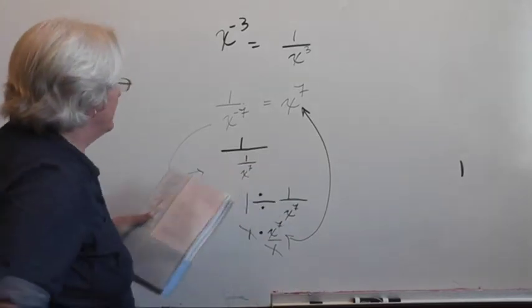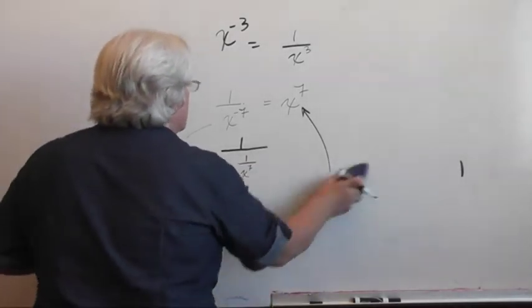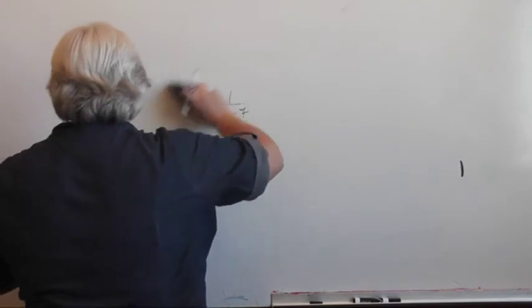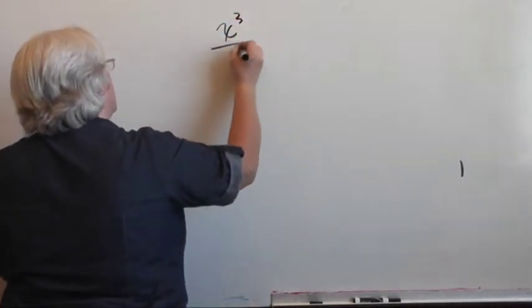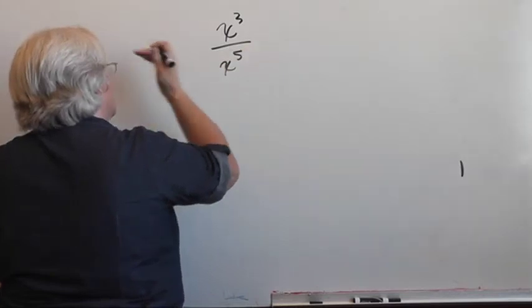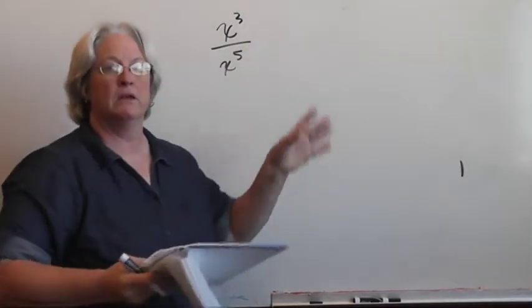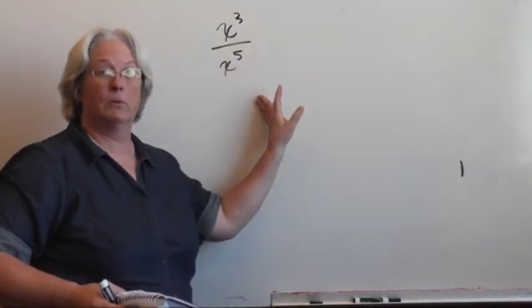Okay? The third example, C, that they have for you in this example number 1, part C, you have x cubed divided by x to the 5th. What this says is we have a quotient that we're finding.